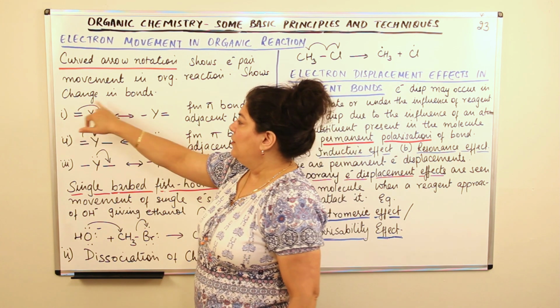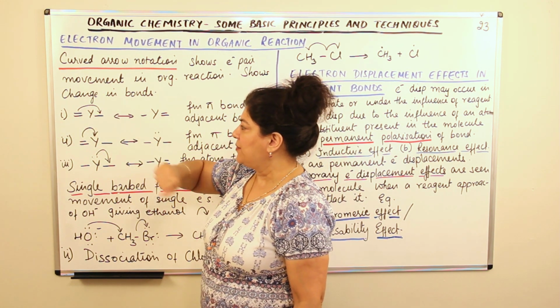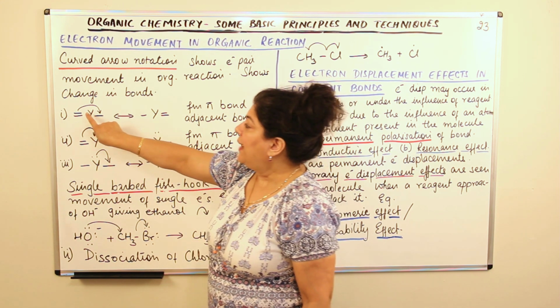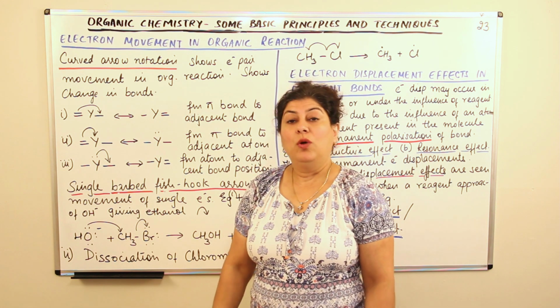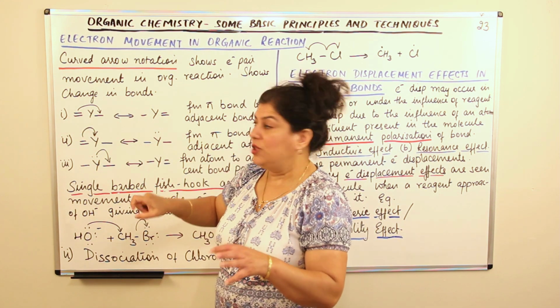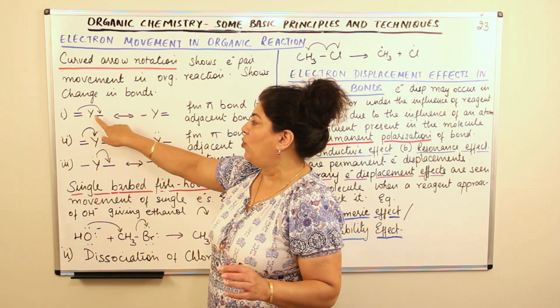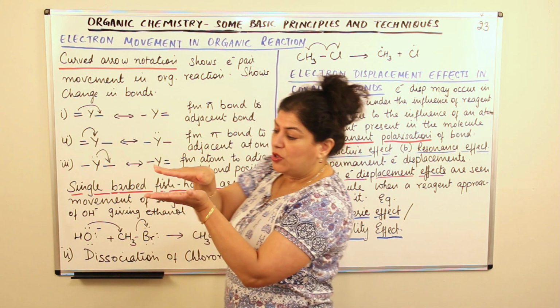So take a look at this first example. Here there's a double bond, and then there's an atom Y, and there's a single bond. And the curved arrow has been shown from the double bond to the single bond. What does this show? This shows that two electrons from the second bond have moved towards this bond. What is a bond?